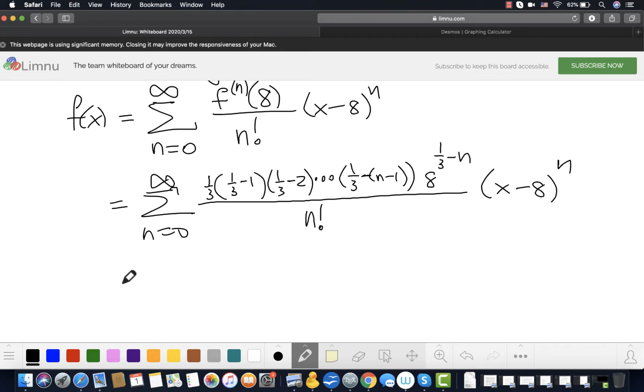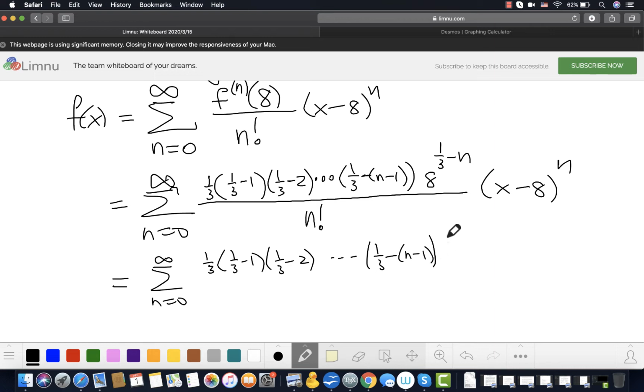Now we can simplify this a little bit. We'll copy it down, so I have 1/3 times (1/3 minus 1) times (1/3 minus 2) all the way until (1/3 minus (n minus 1)), and then I can write this as 8 to the 1/3 divided by 8 to the n, because I have a negative n here, which means it goes in the denominator, and I also have an n factorial here.